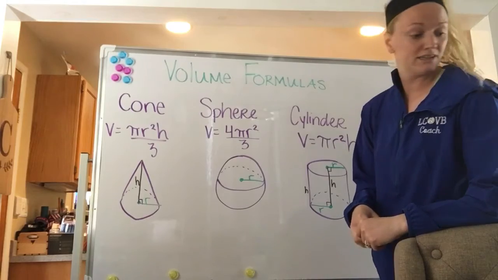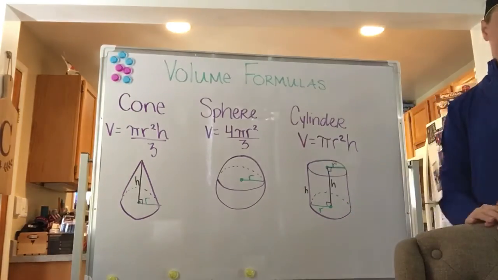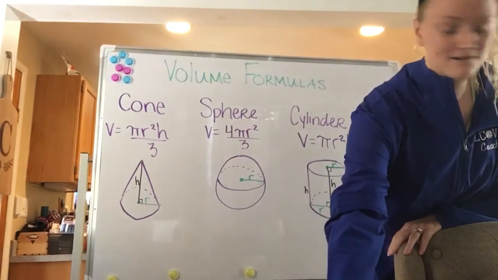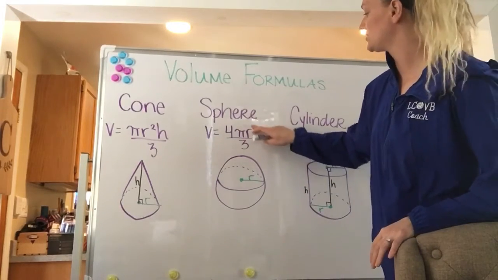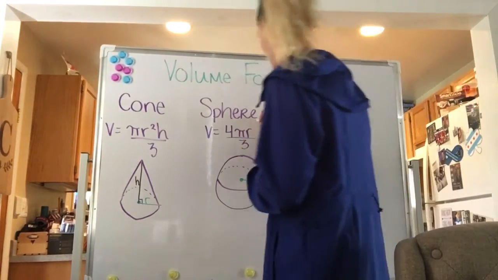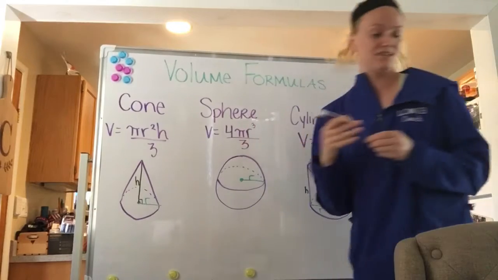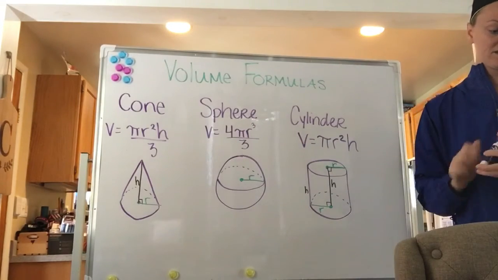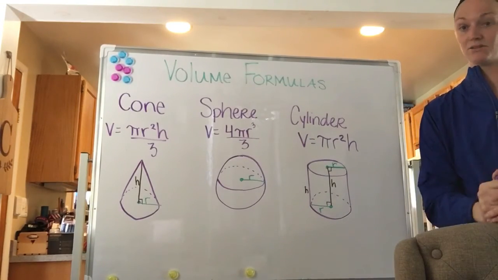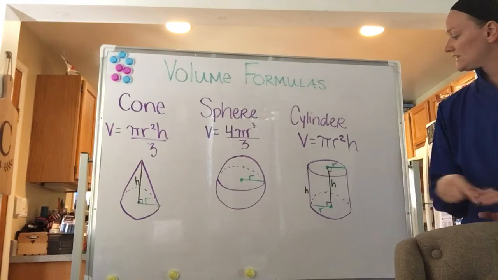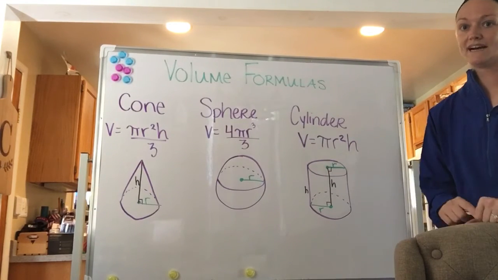And what you do is you take 4 times pi times radius cubed. Sorry, this should be a cubed here. And then you divide it by 3. So that's for the volume. Cylinder, we've already gone over that.